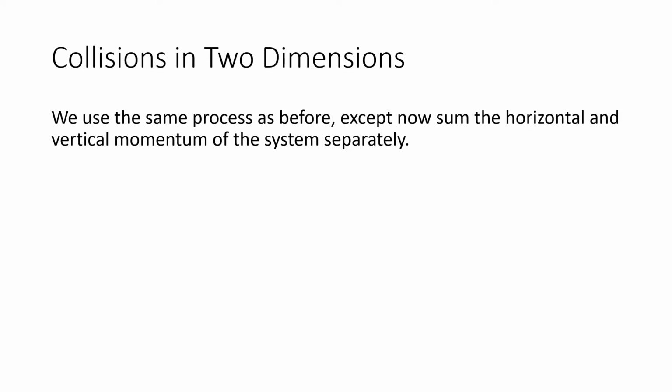This is where they're going to stick together and form one big mass as they move after the collision. Let's say one of them stays still, and one of them comes towards it. After the collision, for this case, momentum is conserved, but kinetic energy is not. That's a big thing to remember there.